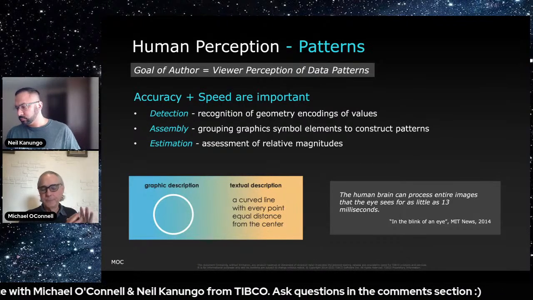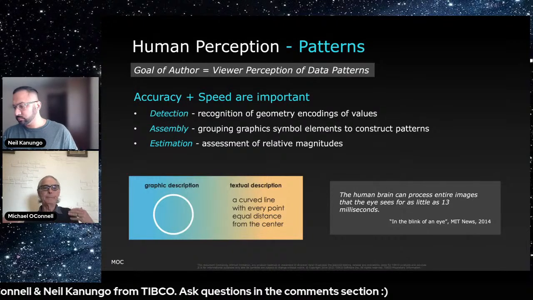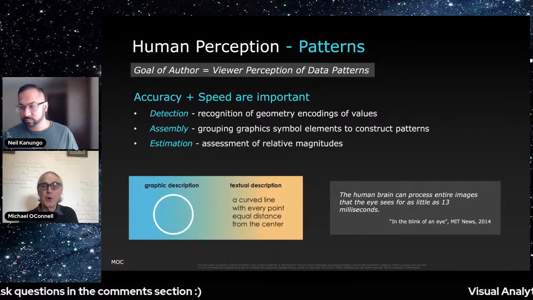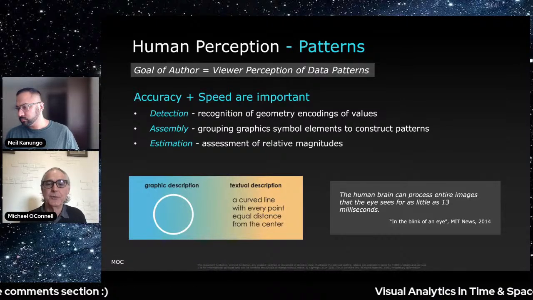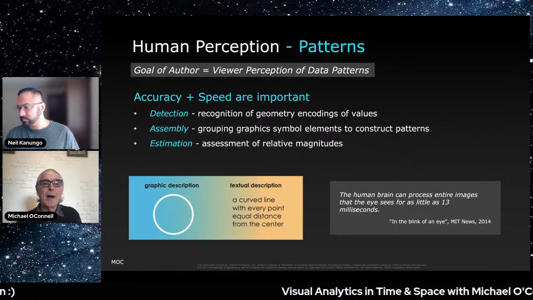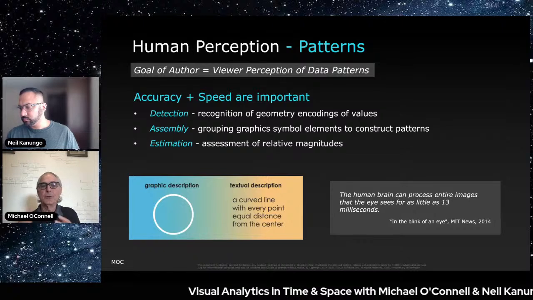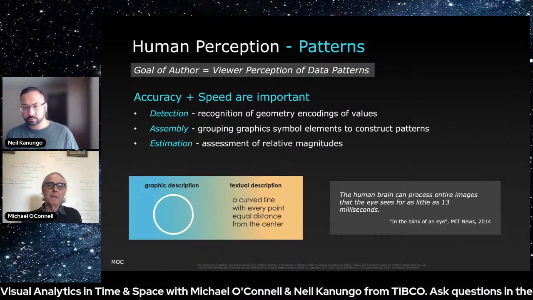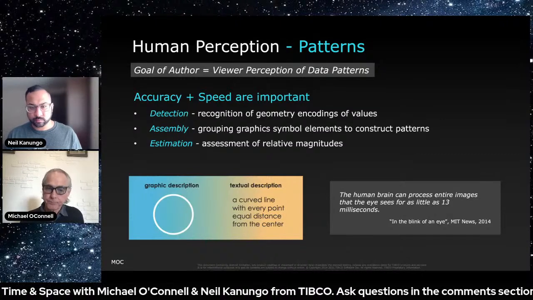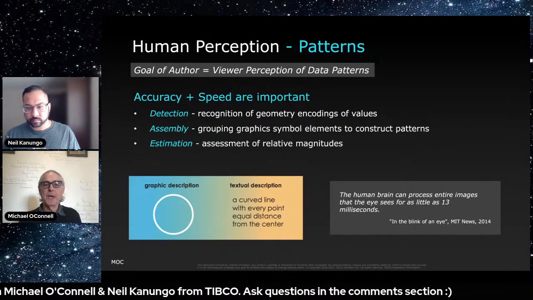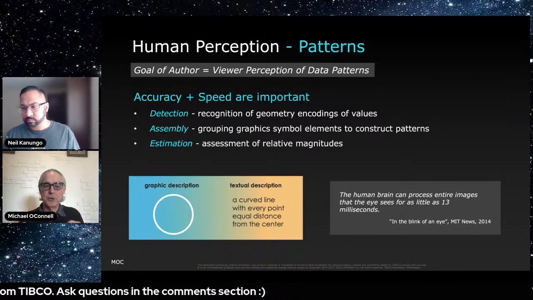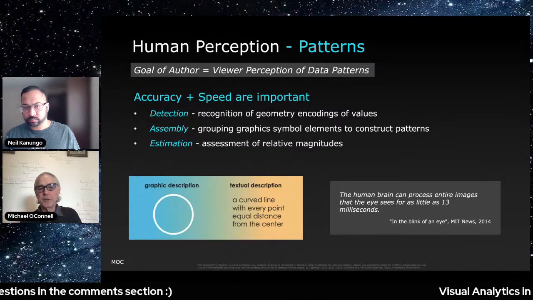So you want to do your visual analytics in a way that people can detect and recognize the geometry and codings of the values, assemble groupings of graphic symbols and elements to construct the patterns, and then estimate from the visual display, for example, an assessment of relative magnitudes of one variable versus another.